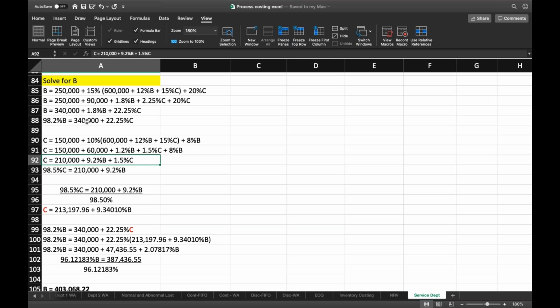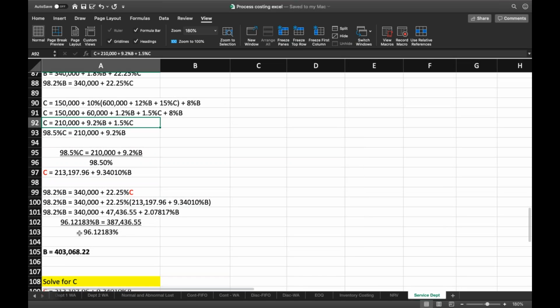So bringing this down, 98.2% B is equal to 340,000 plus 22.25% C. And we will now replace C by its value, that's 213,197.96 plus 9.34010% B. Okay, so multiply the percentage.